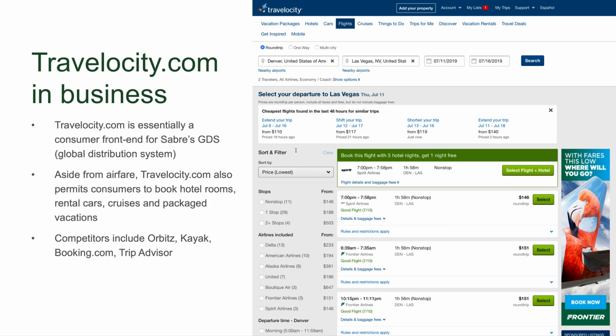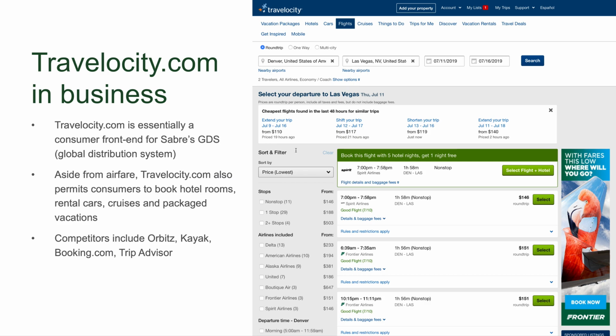Okay, so a little bit more about the business that Travelocity.com is in. It's essentially a consumer-facing front end, a brand, a website, a marketing presence for Sabre's GDS, or Global Distribution System.